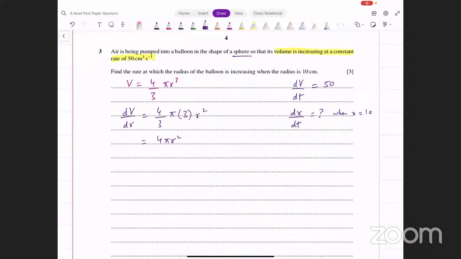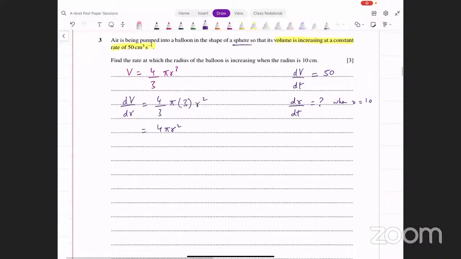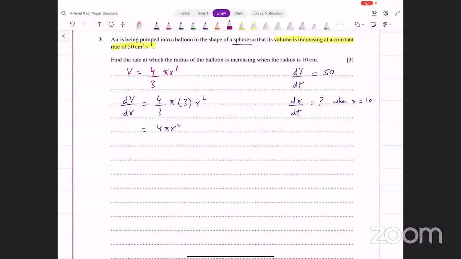Now once we've got the derivative, all we have to do is use the chain rule. dr over dt, that's what we want to find. dr over dt हमें figure out करें. ठीक है. How can we use the chain rule here? जो आपके पास first expression है वो यहाँ पे numerator में आ जाएगी first fraction के. ये second है नीचे, वो second fraction का denominator बन जाएगा.